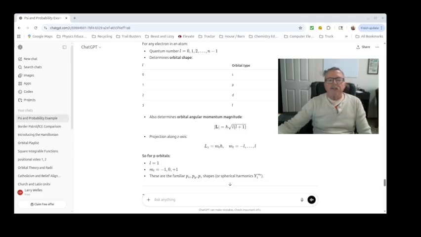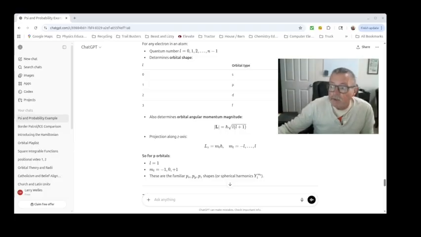This page is packed full of neat stuff. It really shows how all our work in the past is starting to come together. Look at the quantum number L. Quantum number L can be 0, 1, 2, 3, onward up to n minus 1. What's the n? Well, the n is the principal quantum number.